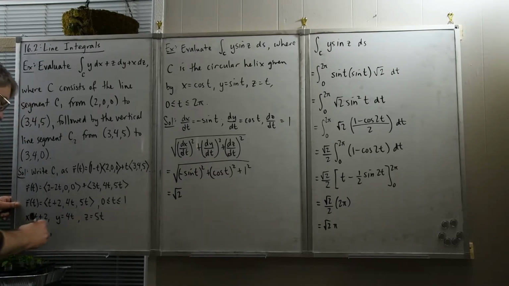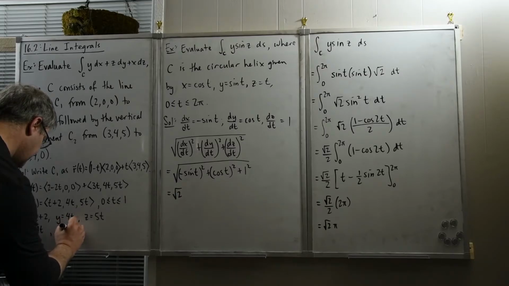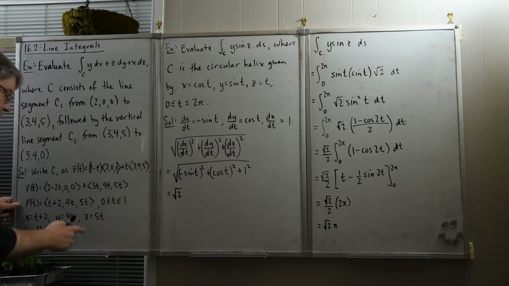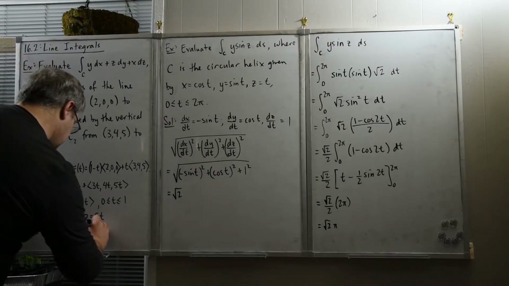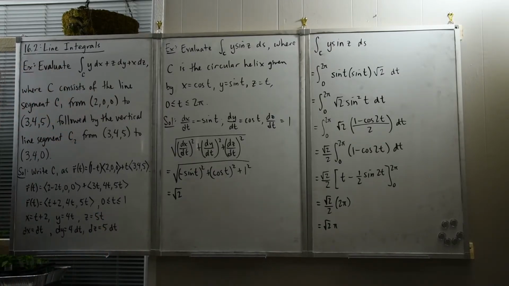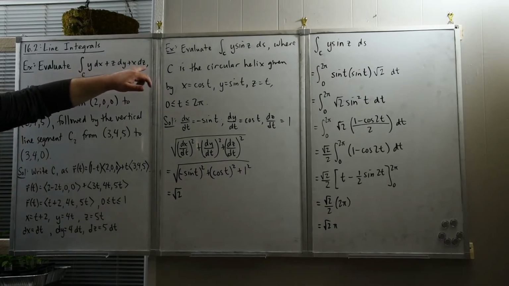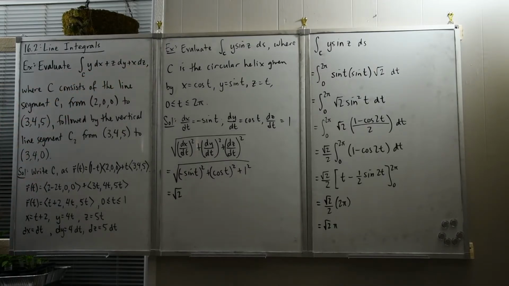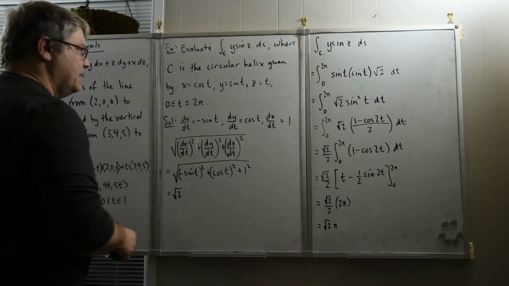If y is equal to 4t, that means dy is 4 dt. And if z is 5t, that means that dz is equal to 5 dt. So I've got all the pieces I'm going to need to transform everything in terms of t. So let's see how that all plays out.